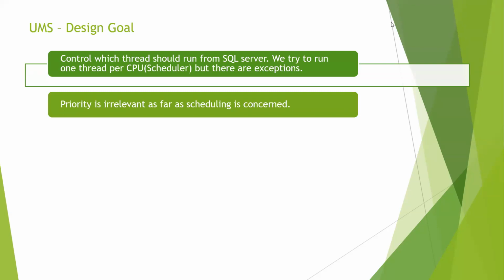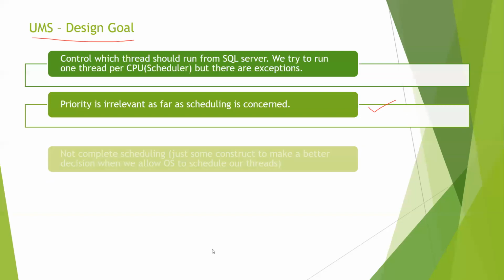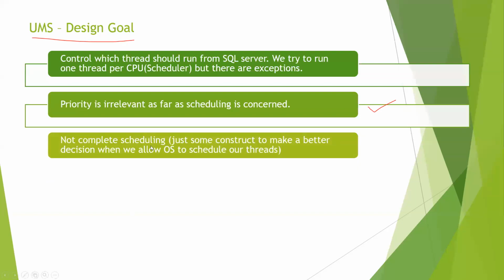But in the SQL Server operating system, the design goal for UMS is that priority is irrelevant, right? Whatever the priority, the threads will be spawned and execute on the CPU, right? Priority as far as scheduling is concerned. The next one, make a better decision when we allow the OS to schedule our threads, right?